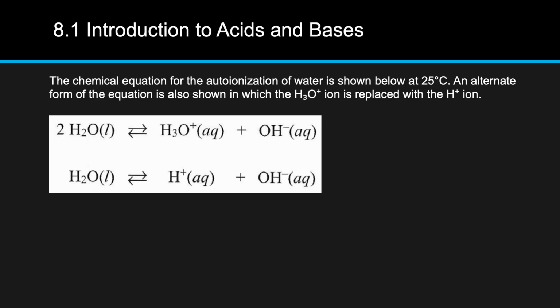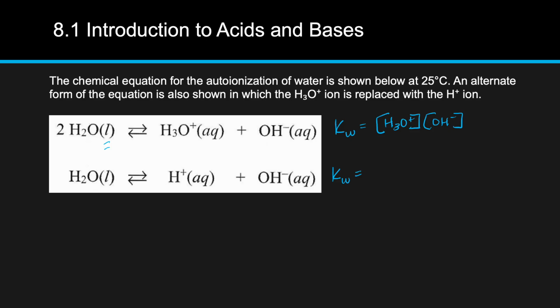Another reason why you can use both H3O plus and H plus is when you're looking at these 2 different equations for the autoionization of water. If you make Kw, remember Kw is an equilibrium constant. When we're doing an equilibrium constant, it's products over reactants, but pure liquids are not included. So looking at these 2 equations, we have H3O plus times OH minus and nothing in the denominator, again, because this is a liquid and it's not included.